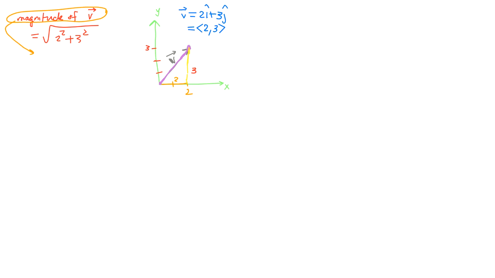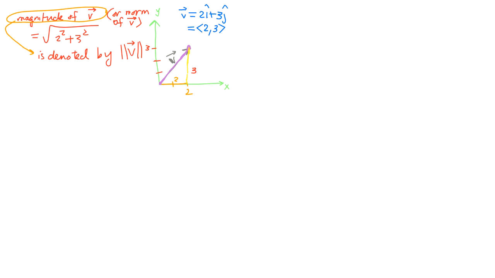The magnitude of V, or the norm of V, is denoted by norm of V. So double bars on the right and double bars on the left.